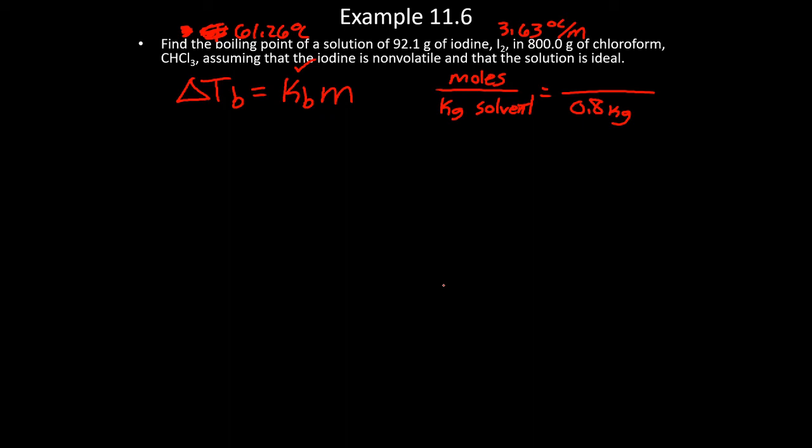So iodine is I2. If I remember correctly, iodine is 55? No, sorry, 53 was the atomic number. So the molar mass of iodine is 126.9, and we have two of them. So that is going to be 253.8 as the molar mass.